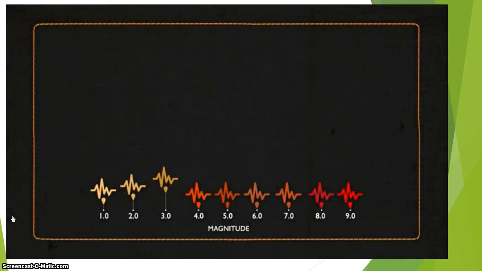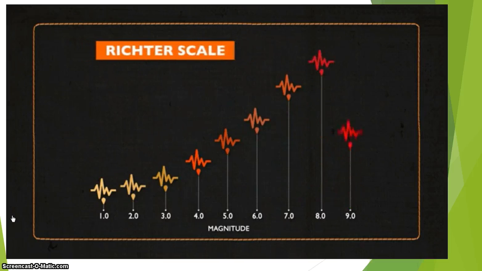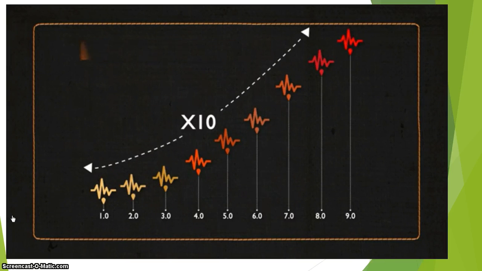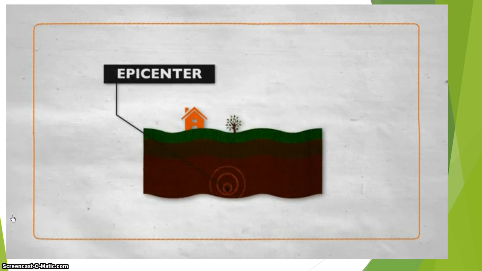Earthquakes are recorded by sensitive instruments and measured on the Richter scale. It's an exponential scale, which means every number up is a tenfold increase in the size of the earthquake. Earthquakes that measure up to about 4, or with epicenters far below the Earth's surface, are barely felt.